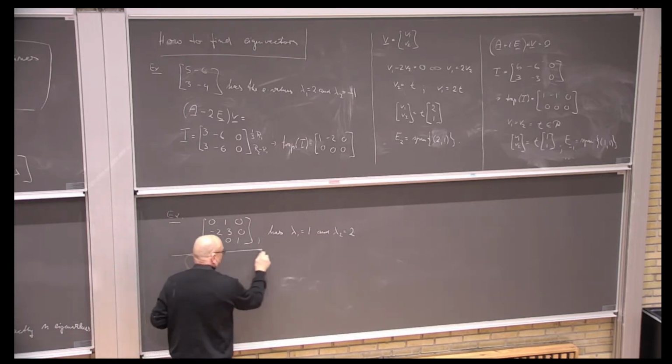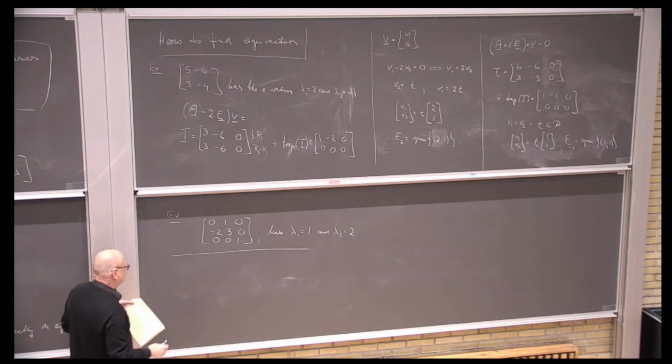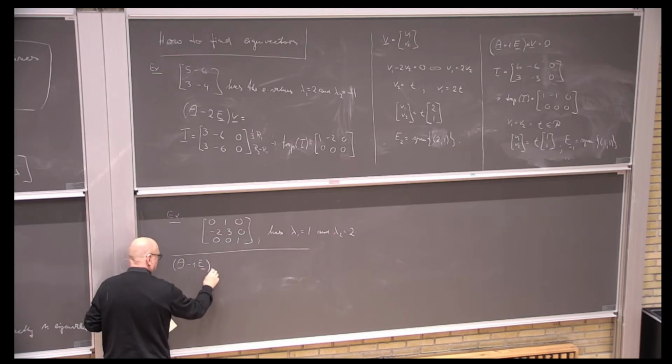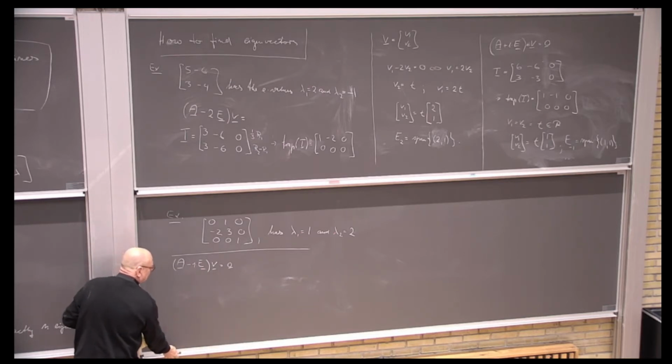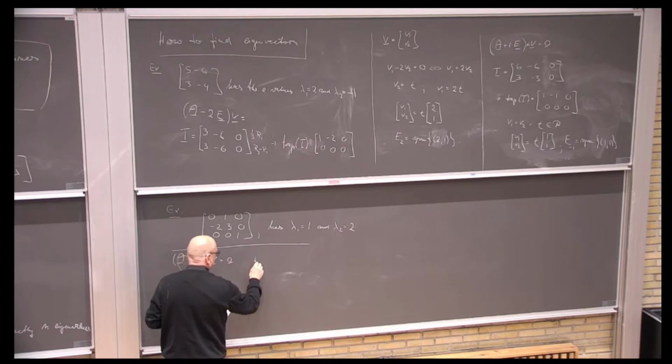So let me try to find the solution when lambda 1 is equal to 1. Then I get 1 times the identity, and again, I can immediately write down the augmented matrix.